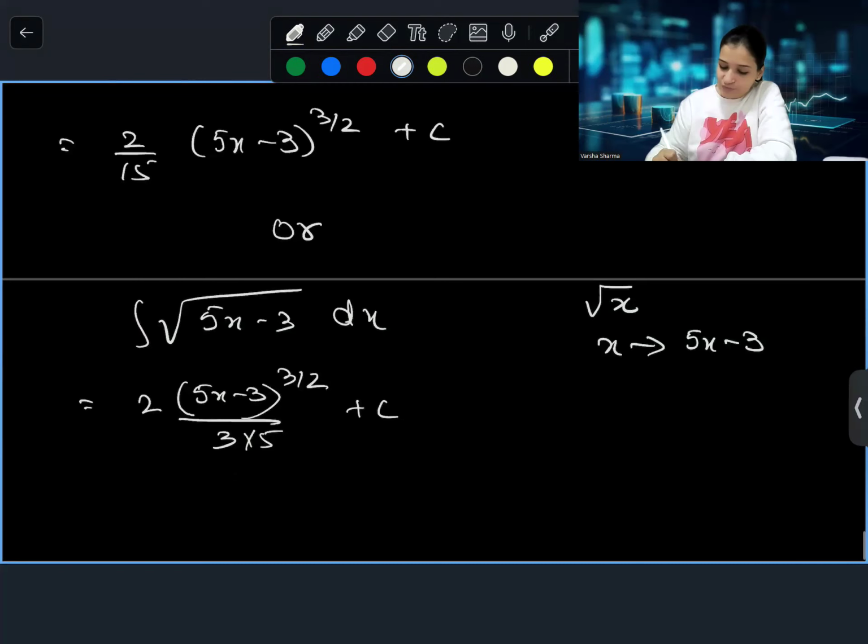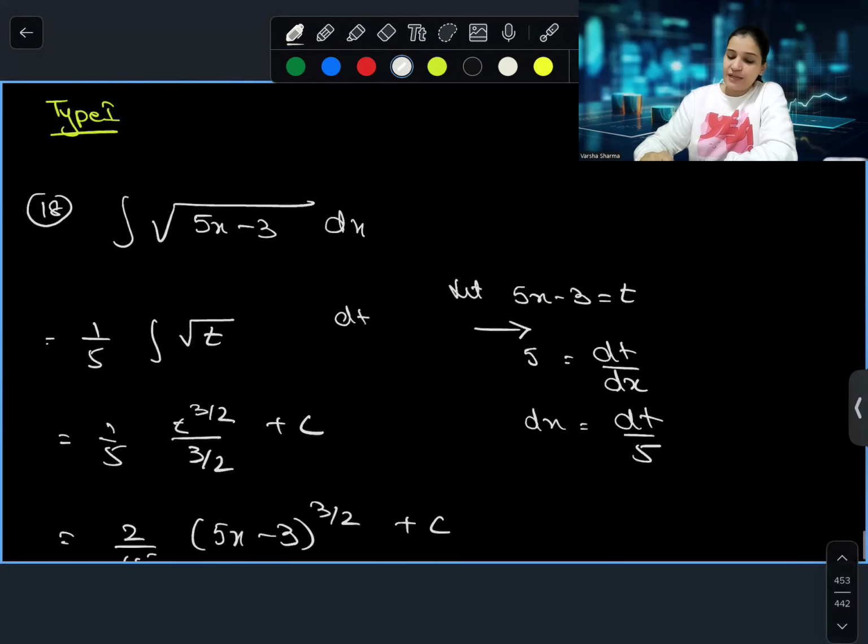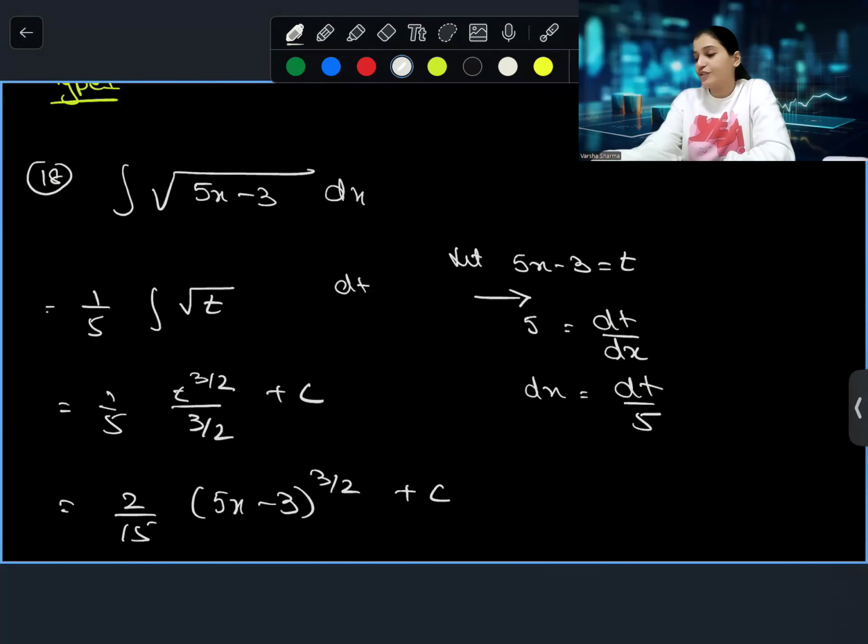So I guess it matches: 2 upon 15, 5x minus 3 to the power 3 by 2. Is that clear? Yes, ma'am. Did you understand why we were differentiating and writing in the denominator while doing chain rule?